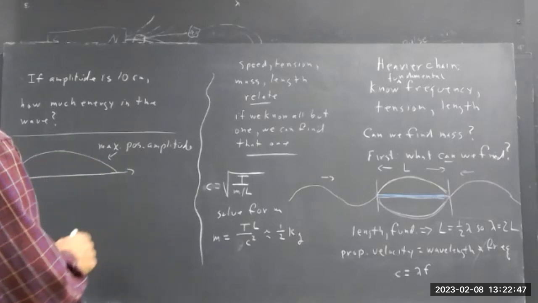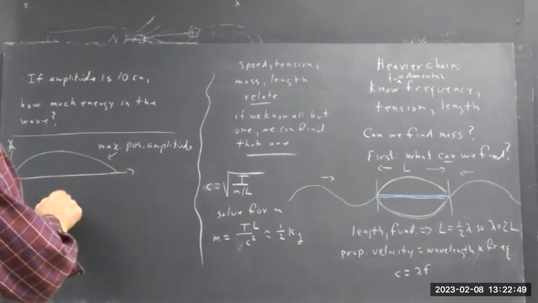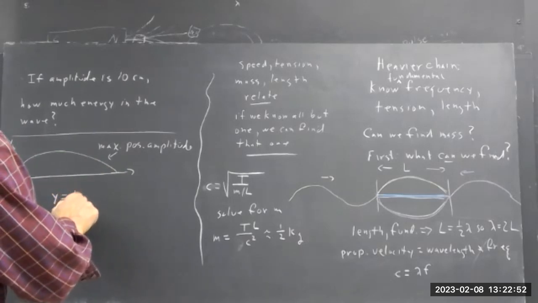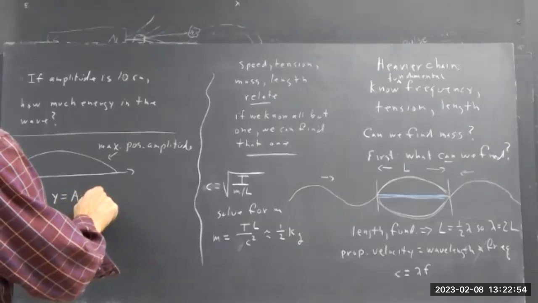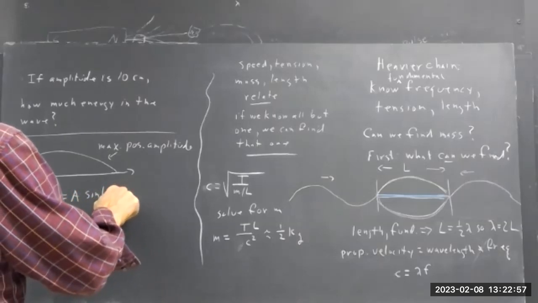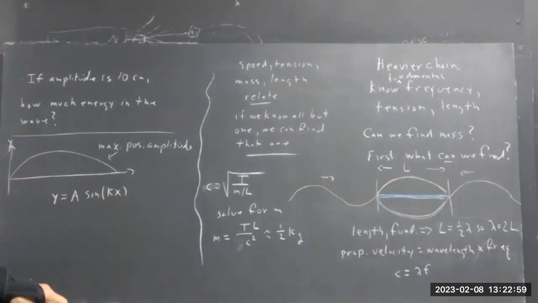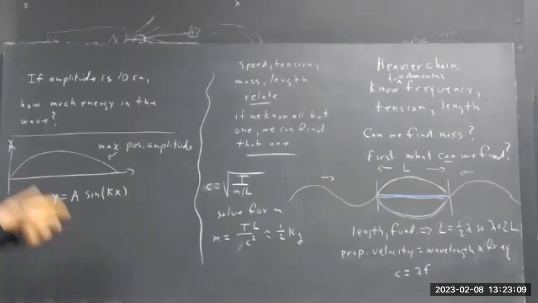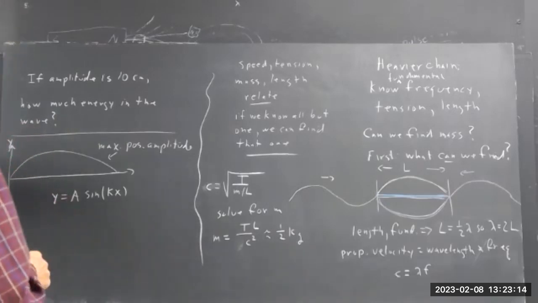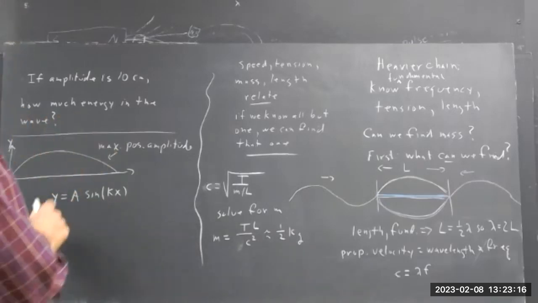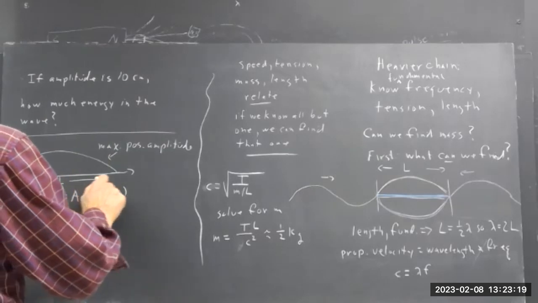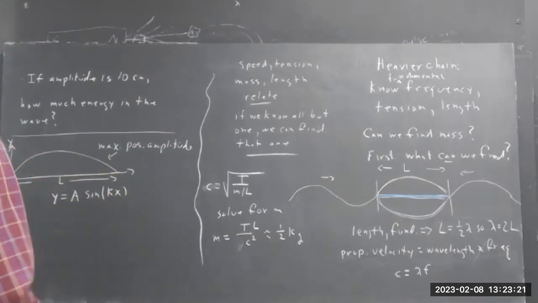Then this wave has a form: Y equals A sine of KX. Make sense? Well, what's K? I didn't give you any numbers. So we're looking at the fundamental, and right now we could just say that this length is L. So now what's K?